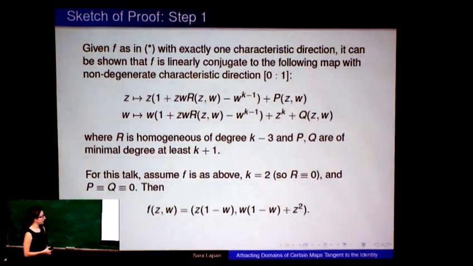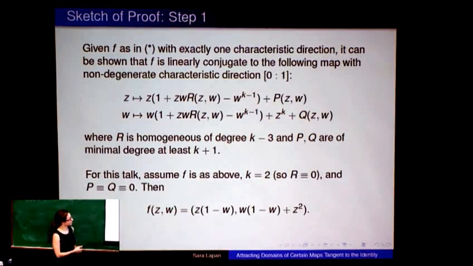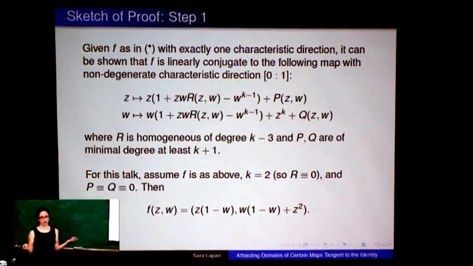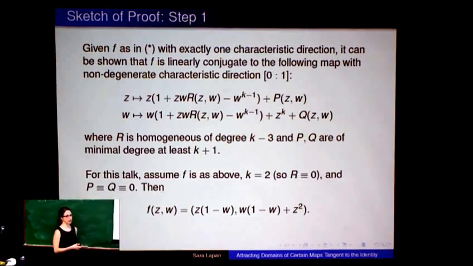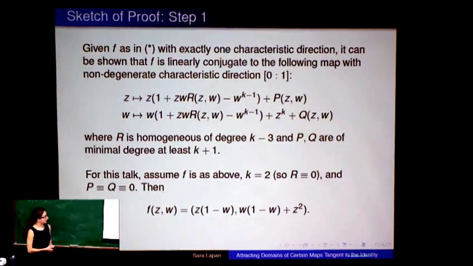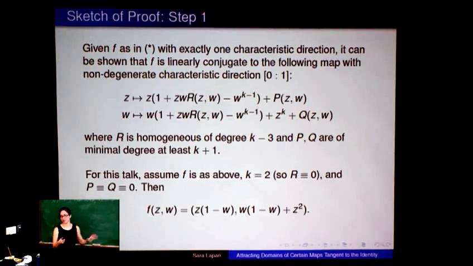For this talk, I'm just going to assume that f is as above, and that k equals 2, which means that r is going to be 0. We're also going to assume that p and q equal 0. So we have this nice simplified version of the map that we're going to work with, but this all works without making that assumption.